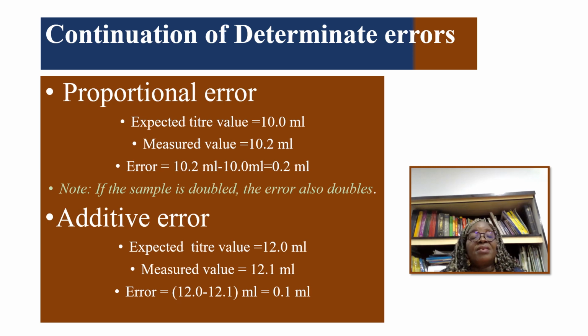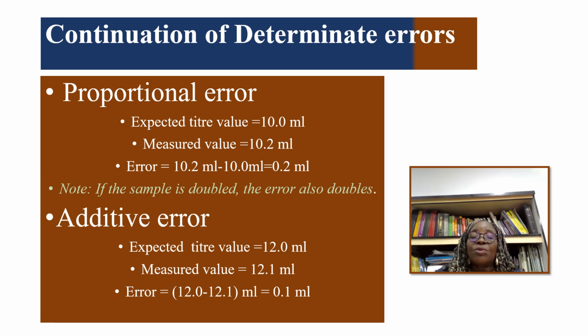That error can be lower or higher, as I just said. Another error is additive error. This additive error is an error that is always in a series of determination and is independent of the amount of sample taken for analysis.